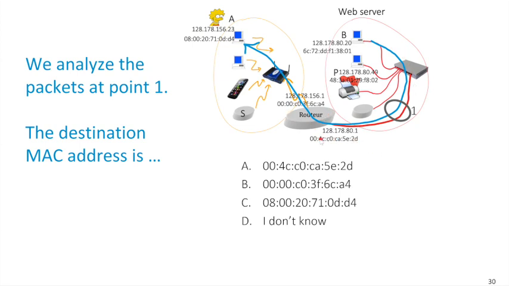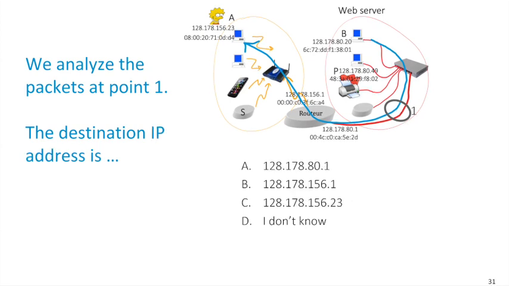So to the MAC address, which is this one. Yes? I don't know. That's the next question. That's the next quiz. What's the IP address? Of course, I've looked at the MAC address.